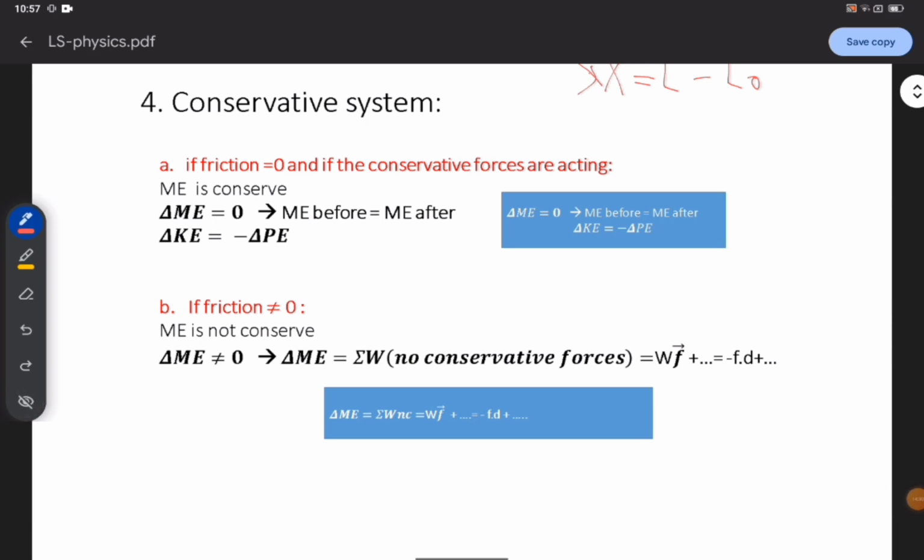Now, conservative system. If friction equals 0 and the conservative forces are acting, in this case mechanical energy is conserved. Then delta ME equals 0, therefore mechanical energy before equals mechanical energy after.